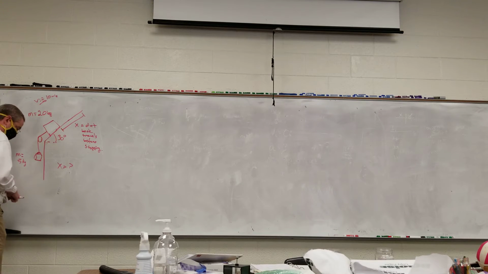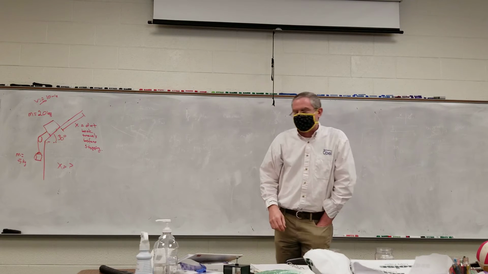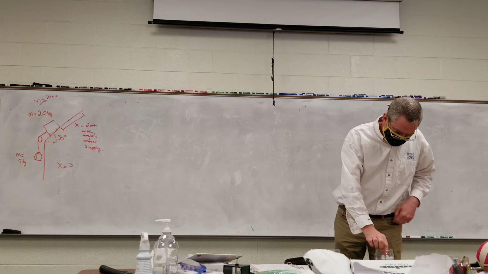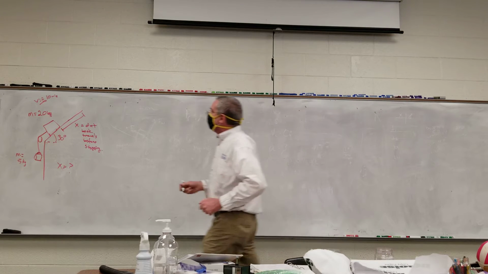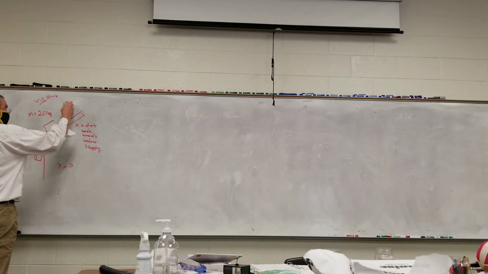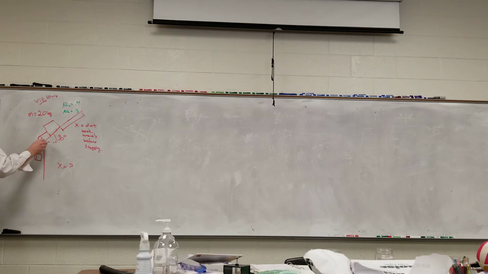Let's see, I need to give a little bit more information because there is friction involved. Mu S, 0.4, mu K, 0.3. And an ideal pulley and rope.